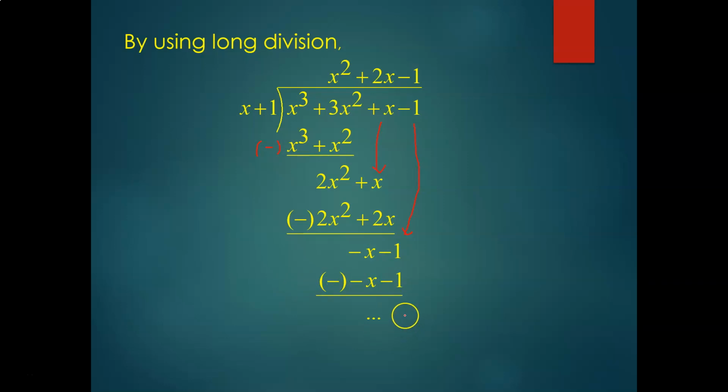Terbukti dia punya remainder 0 sebab this is one of the factors. So now you have this quotient. From here, you can factorize. Kita dah dapat 1. The other 2 are coming from here.